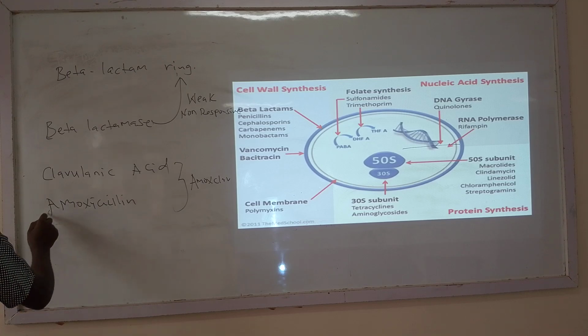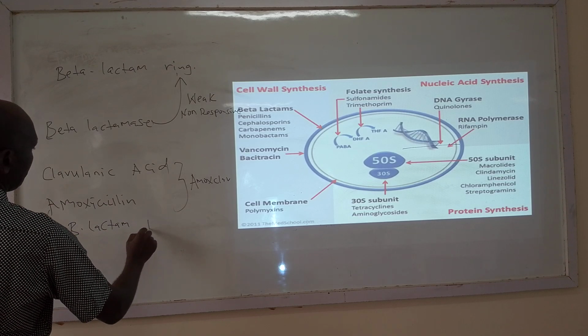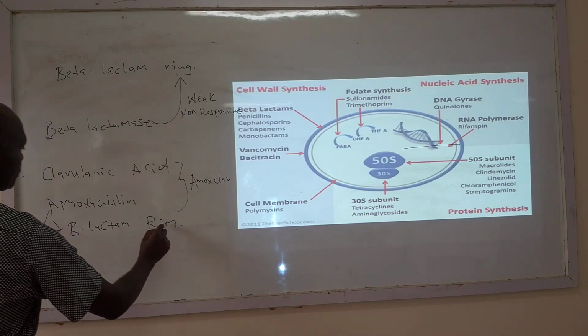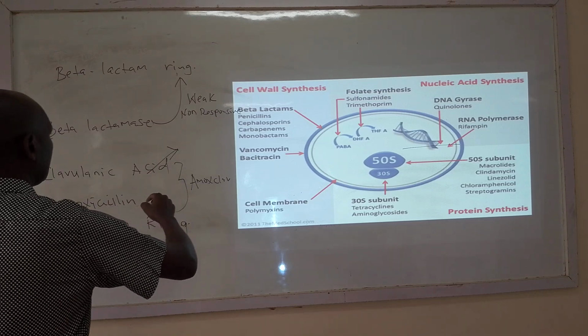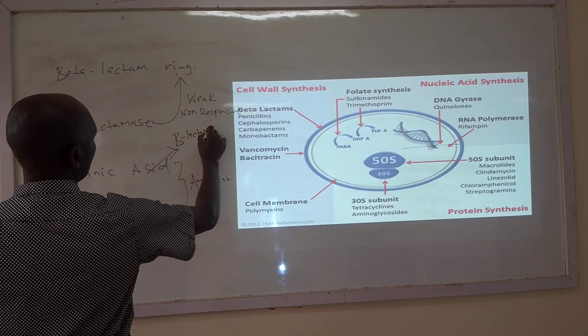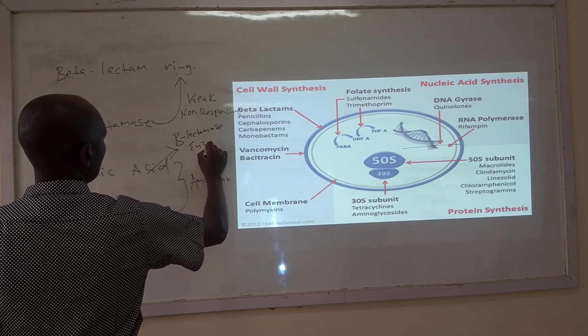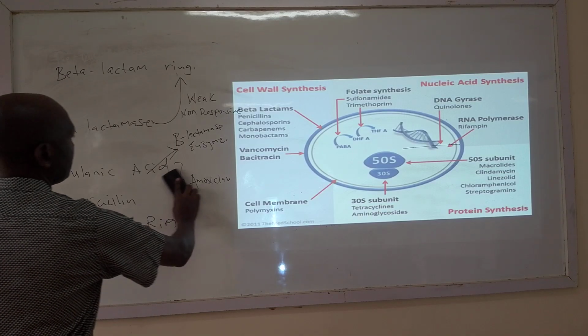The amoxicillin gives you the beta-lactam ring, while the clavulanic acid will inhibit the beta-lactamase enzyme. Therefore, the drug becomes very strong against that bacteria. That is how the manufacturers counter the challenge of the beta-lactamase enzyme.